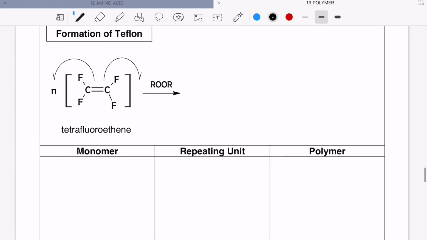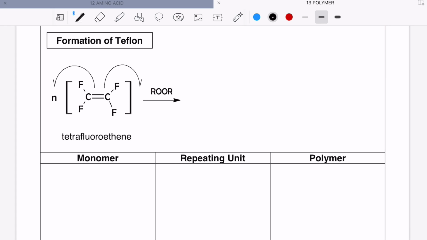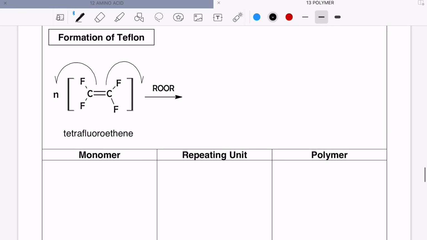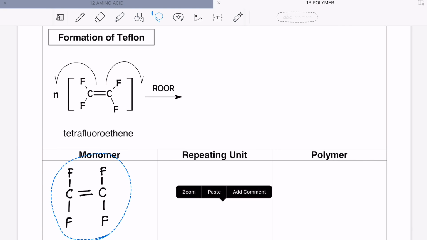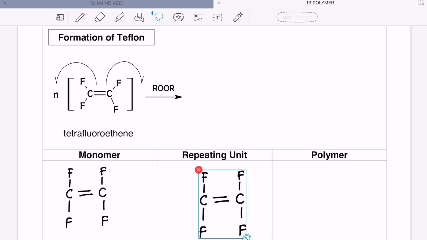And how about this Teflon? Can you guys do it? Okay, let's see. This is my favorite. Draw everything straight. Can, madam? Can, no problem. So you just take everything, copy, and the repeating unit will be just the same, except there will be no double bond.